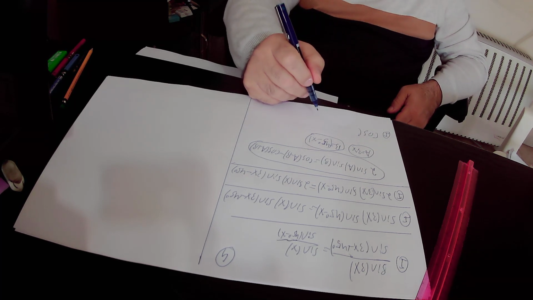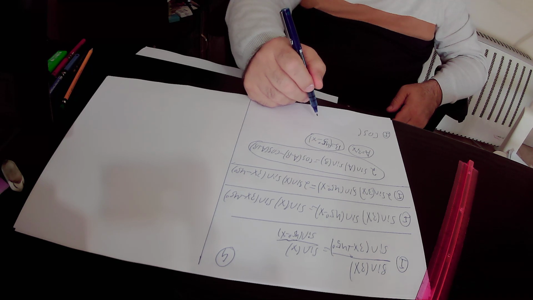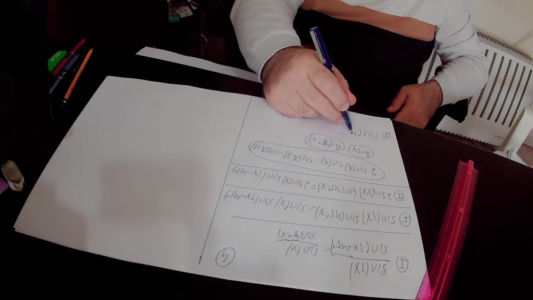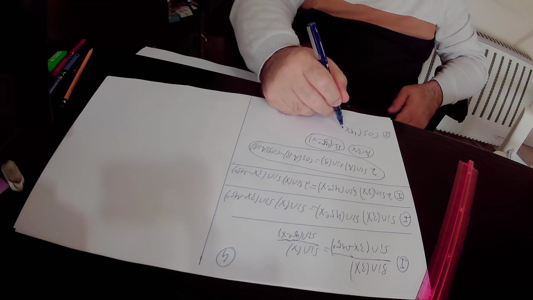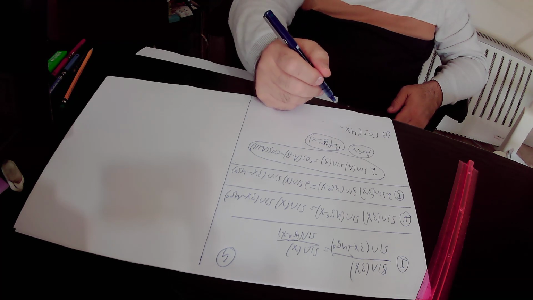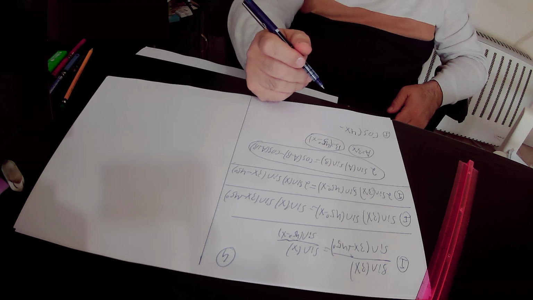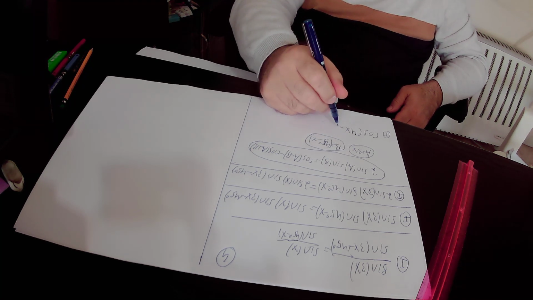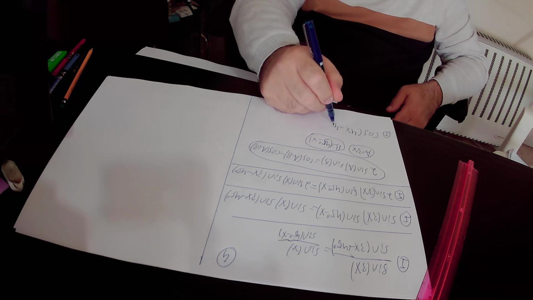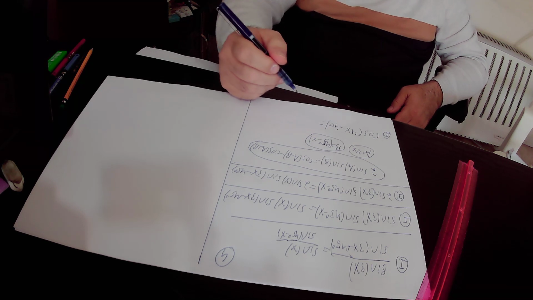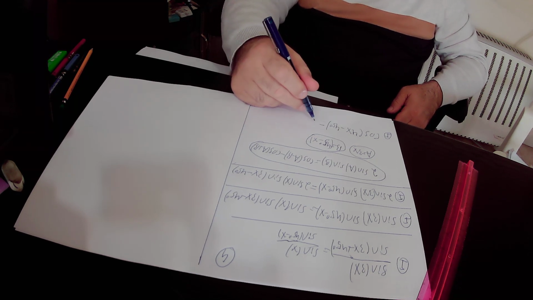A is 3x, b is 45 degrees minus x, so a minus b is 3x minus minus x, which is 4x, and 0 minus 45 degrees is minus 45 degrees, minus cosine a plus b.